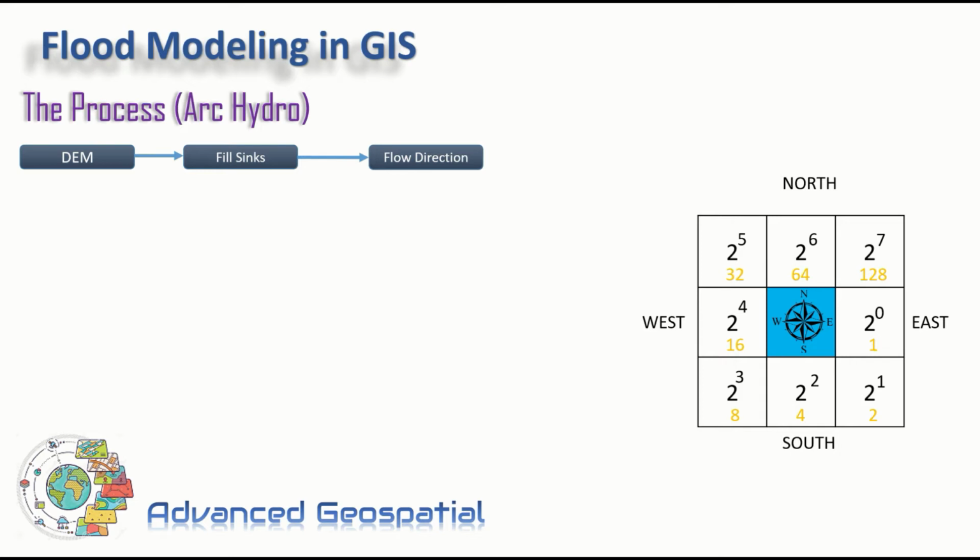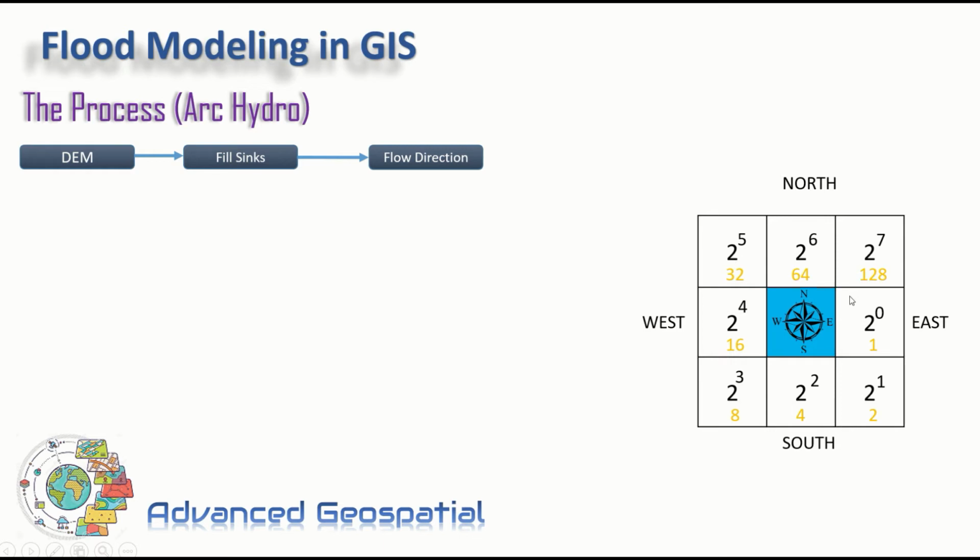The flow direction is encoded as a power of 2, with values ranging from 1 to 128. So 2 raised to the power 0 means east. If a cell value is 1, it means the water is flowing from this cell towards east. Then south, west and north similarly. So the values are 1 to 128.